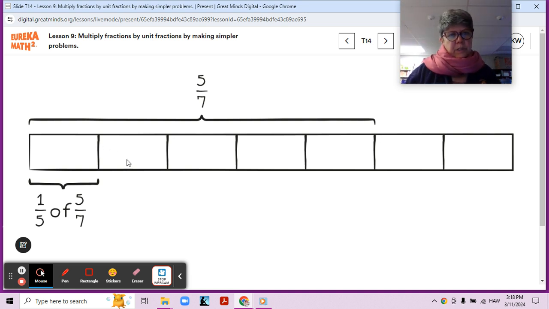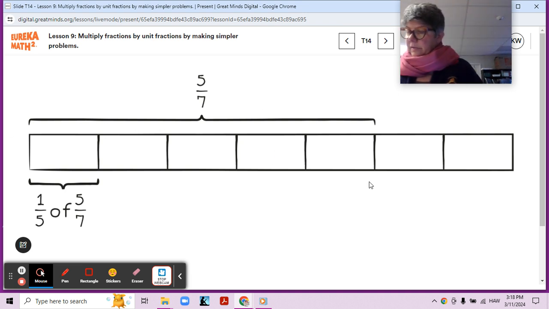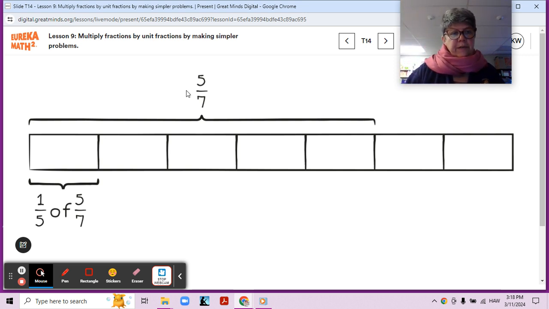Do you notice that there's 1, 2, 3, 4, 5, 6, 7 parts, and she's showing 5/7. She labeled the value of 1 as 1/5 of 5/7, right? So 1/5, 1, 2, 3, 4, 5. So she's taking one of the 5 and calling it 1, right? So we'll call this 1.